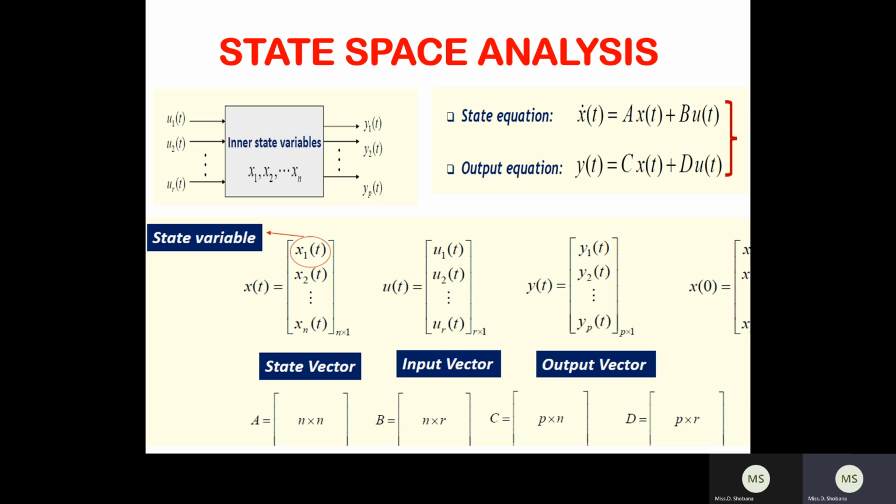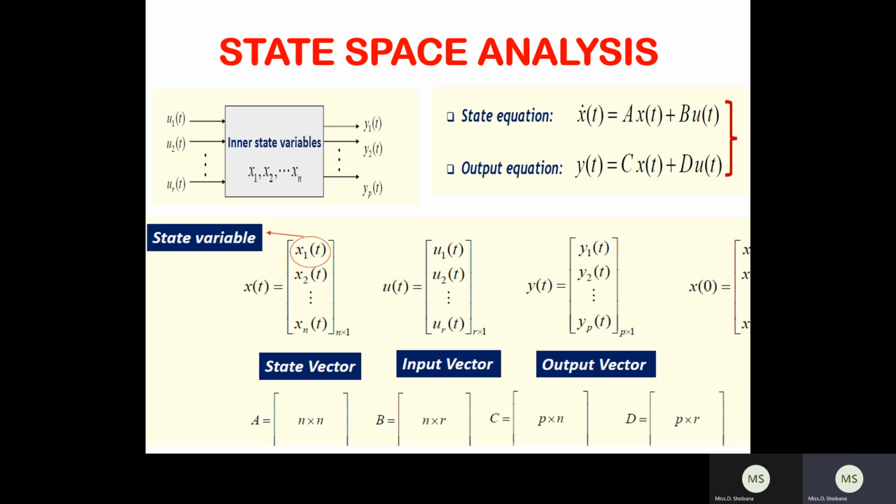Here you can see the state variables, input variables and output variables. x of t consists of x1 of t, x2 of t, up to xn of t. Similarly u of t will be u1 of t, u2 of t, up to the number of inputs, and y of t will be y1 of t, y2 of t, and so on.